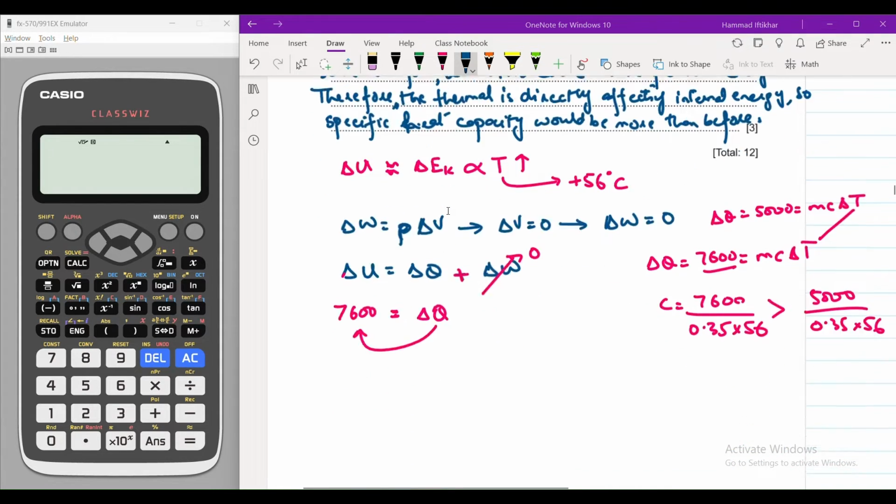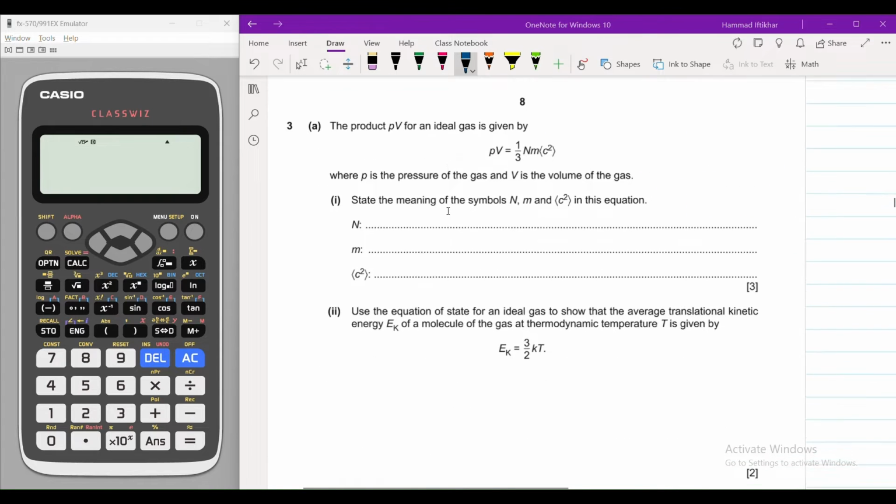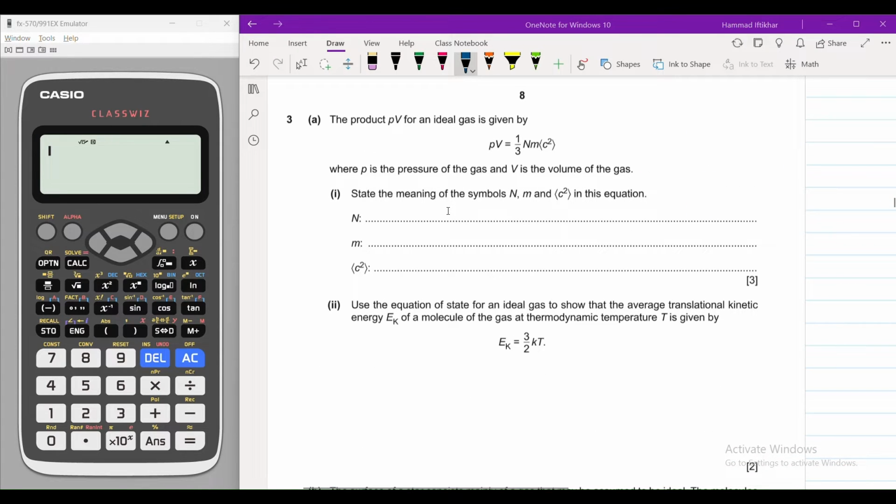Okay, all right, moving on. The product PV for an ideal gas is given by PV is equal to 1 over 3 Nmc squared. State the meaning of the symbols.